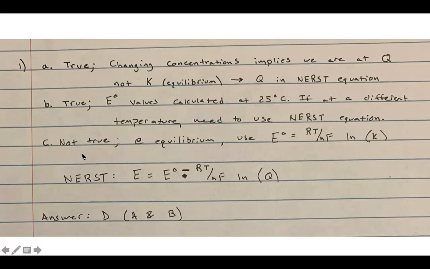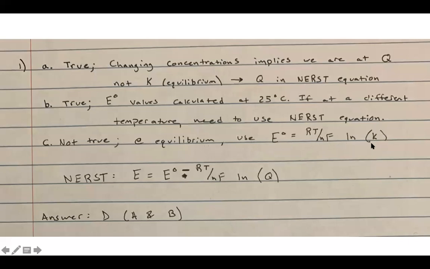Now, C is not true. At equilibrium, we will not be using the Nernst equation. Instead, we'll be using a derivative of the Nernst equation: E naught equals RT over NF times the natural log of K, the equilibrium constant.